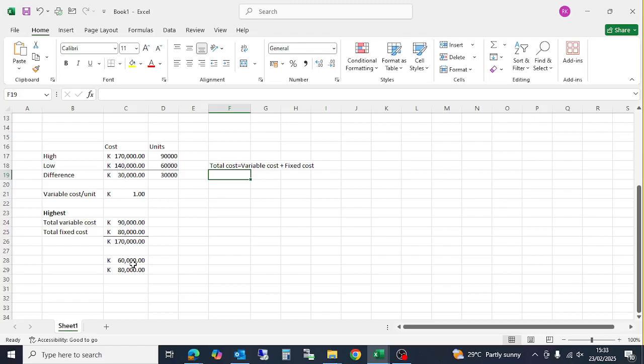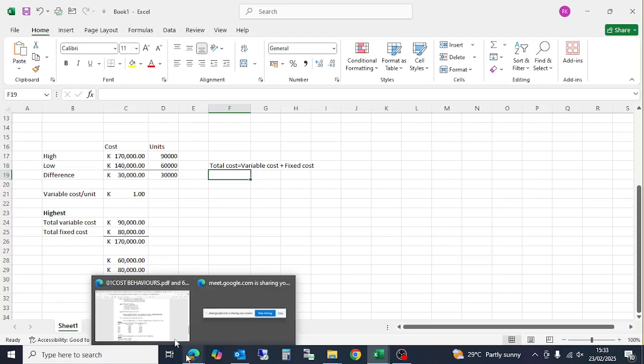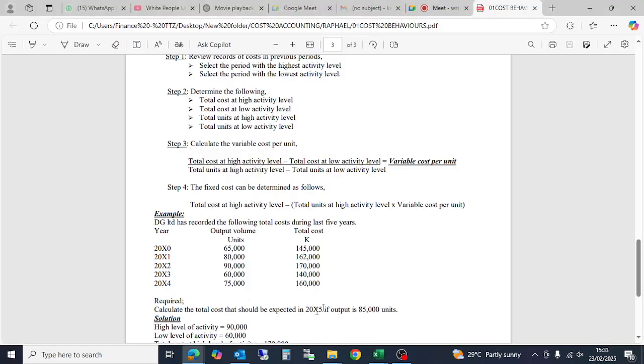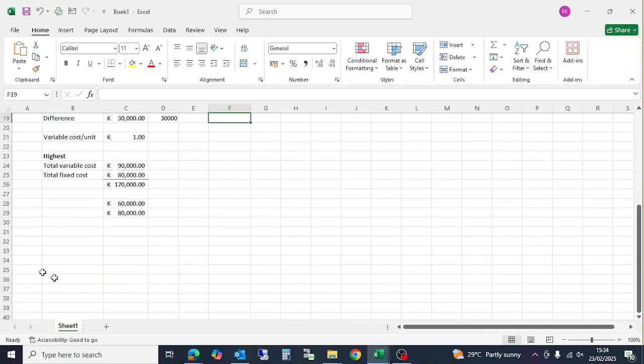Okay, yes. So this means that even in our 2005 or 2015 or 2025, this that we are looking for, we already have a fixed cost of 80,000. Okay. So if we have a fixed cost of 80,000 and we want to produce 85,000 units, meaning we just have to find the variable cost, which is affected by production.